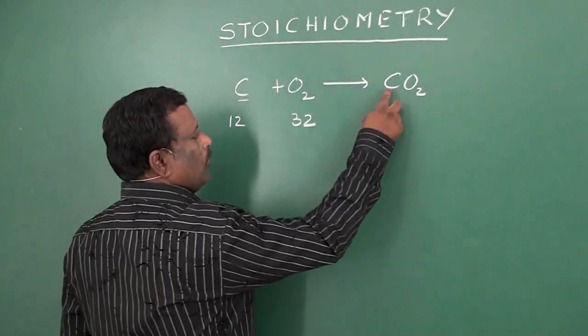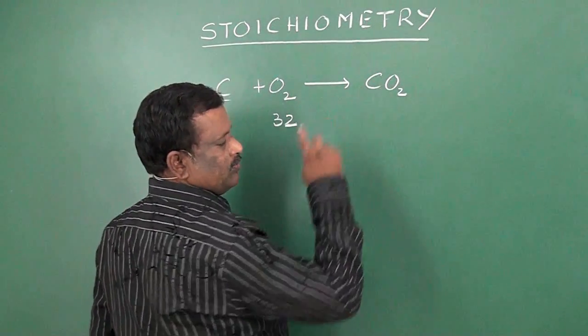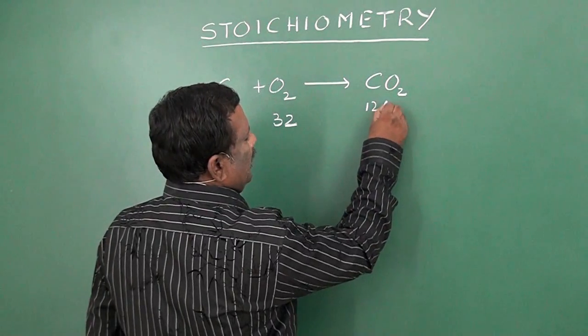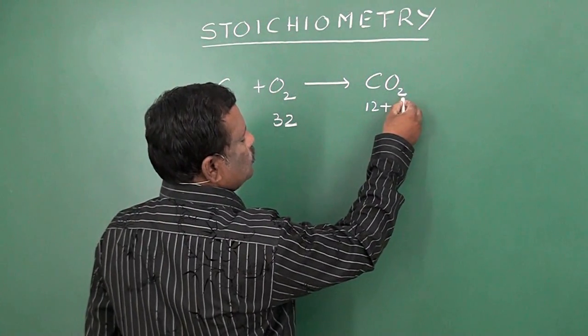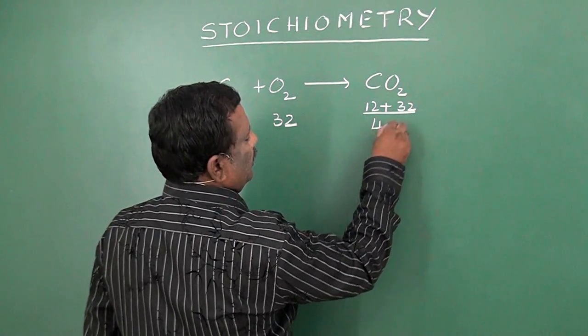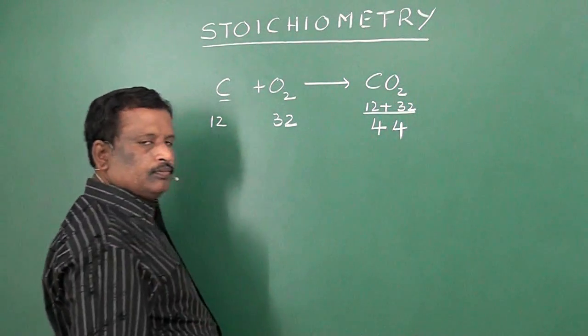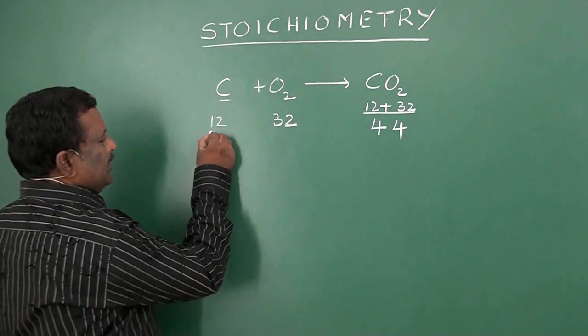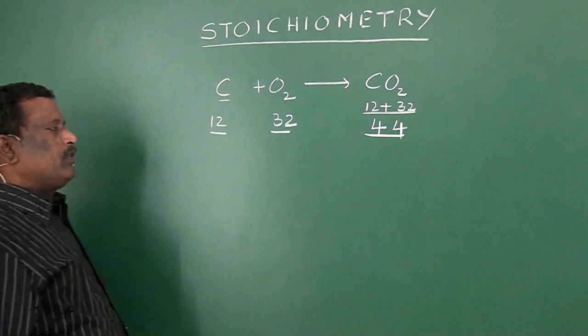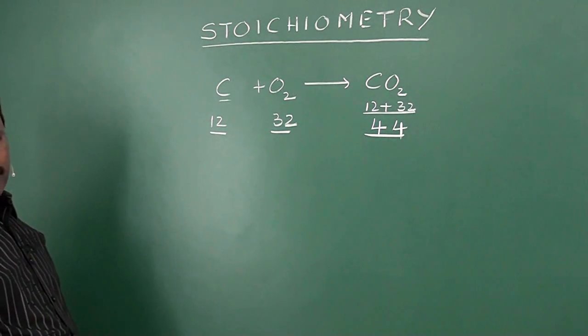In CO2, you have one carbon atom and two oxygen atoms, so 12 plus 2 into 16, 32, the total is 44. These are the atomic and molecular weights for carbon, oxygen and carbon dioxide.